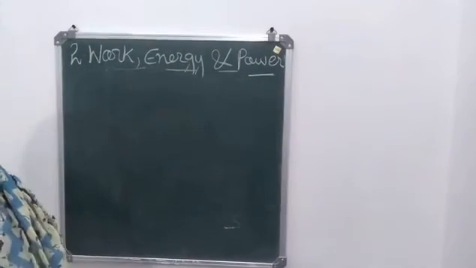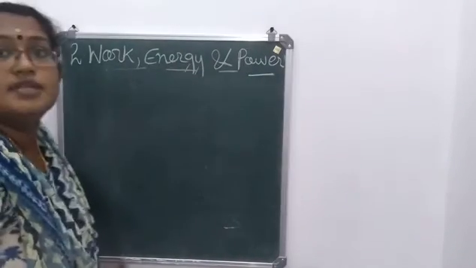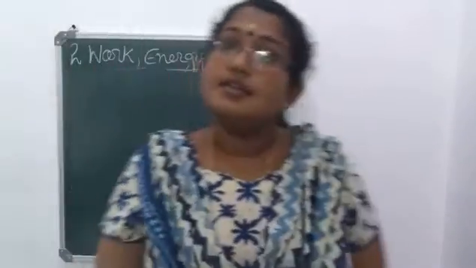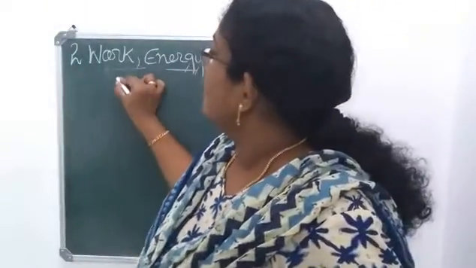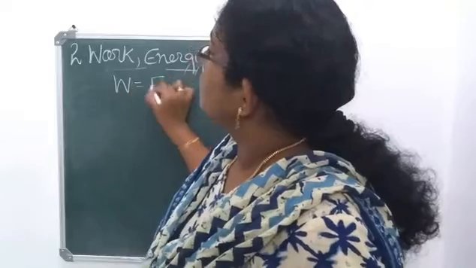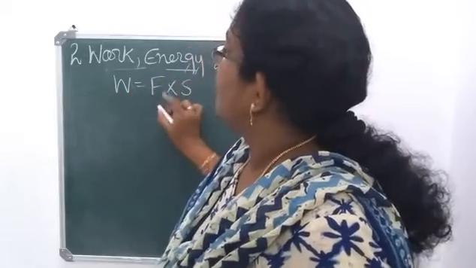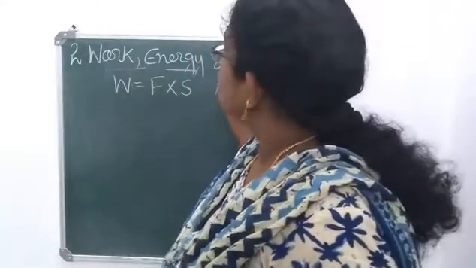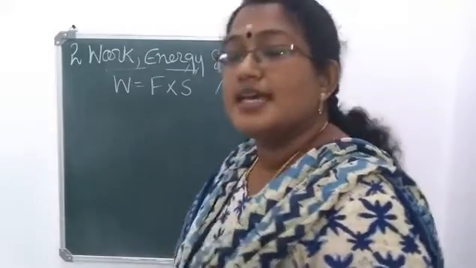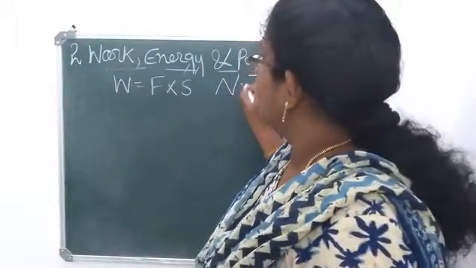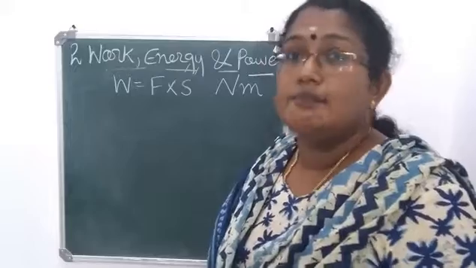Okay. Now comes the units of work. Work is force into displacement, isn't it? What is the SI unit for force? It is Newton. What is the SI unit for displacement? It is meter. This Newton meter can be called what?